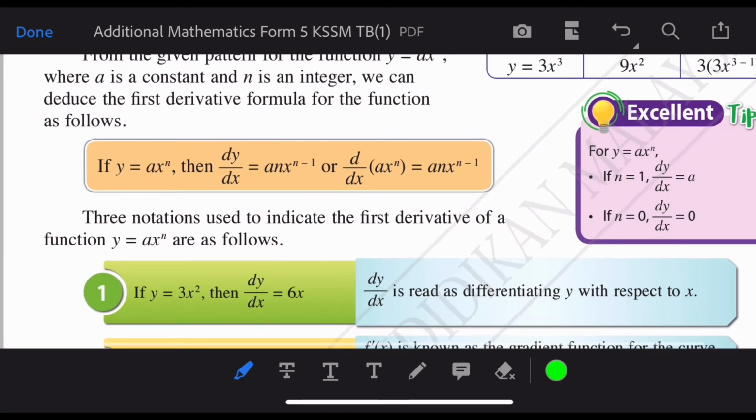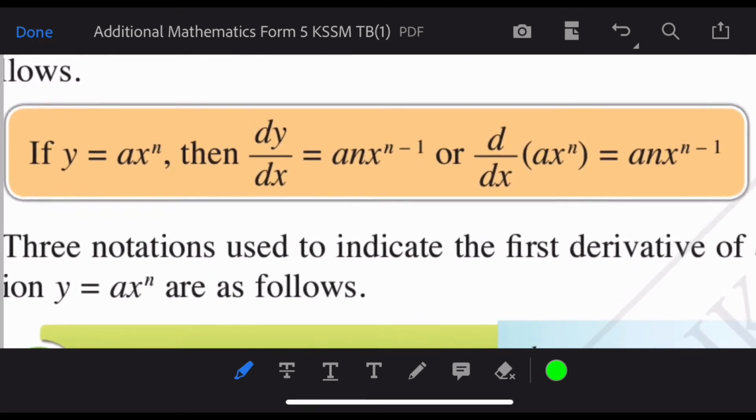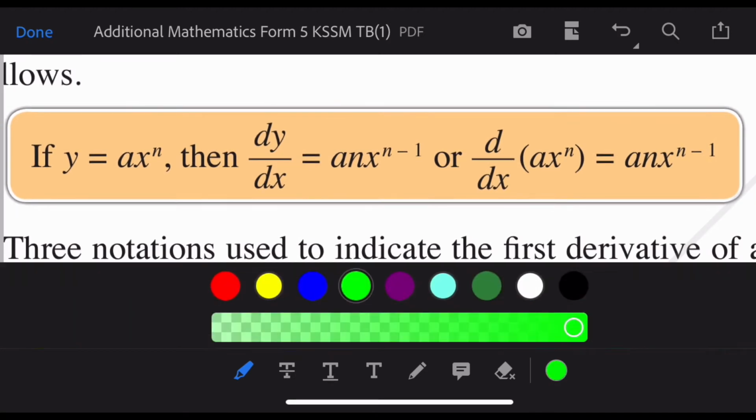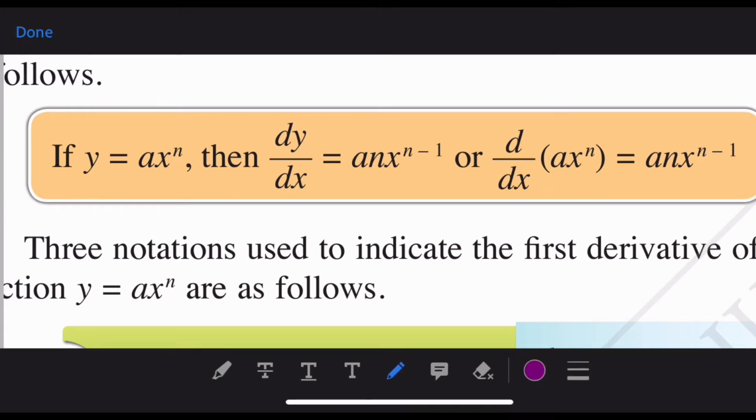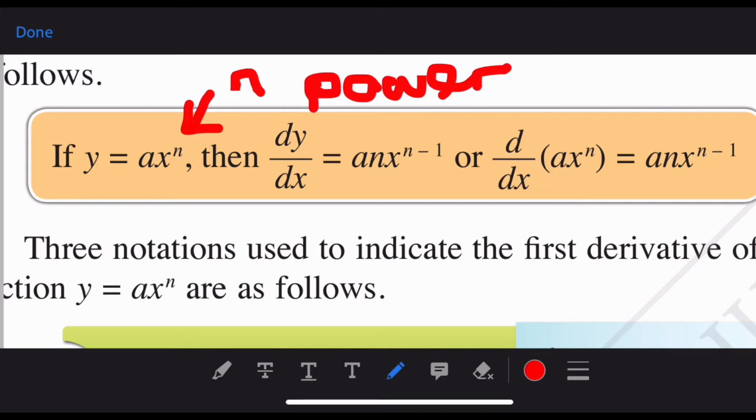The formula is like this: y equals ax^n, where n is a power. So I call this the power formula.